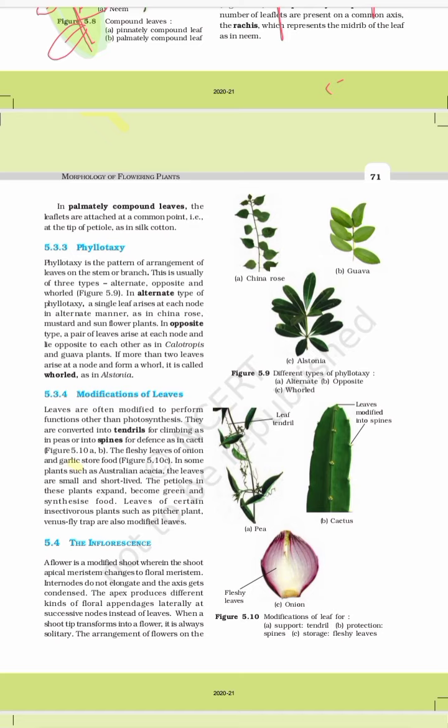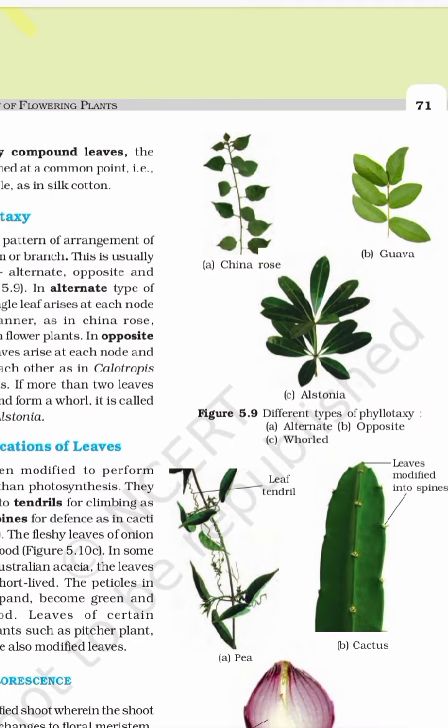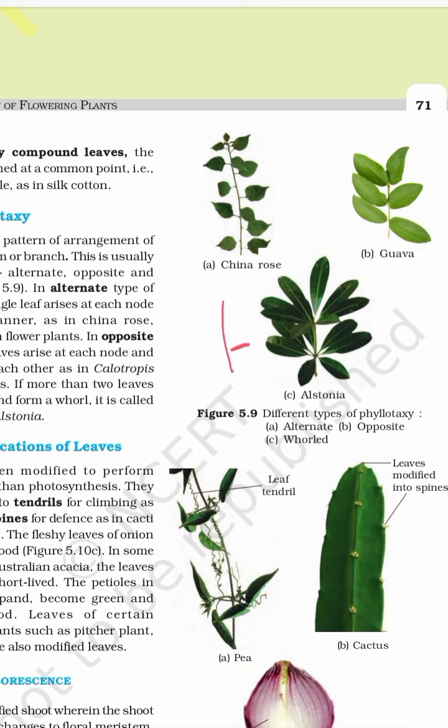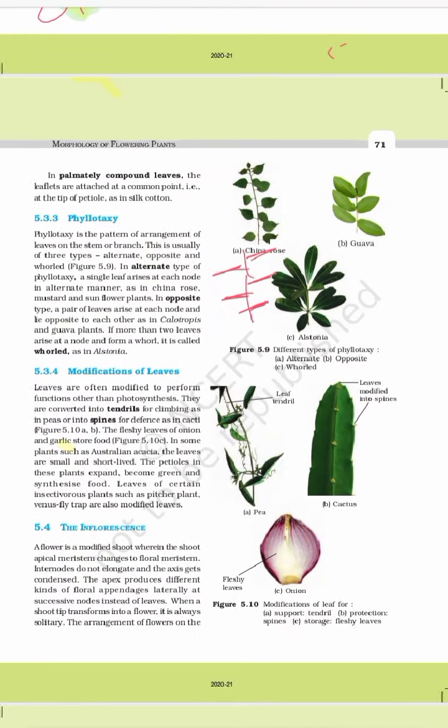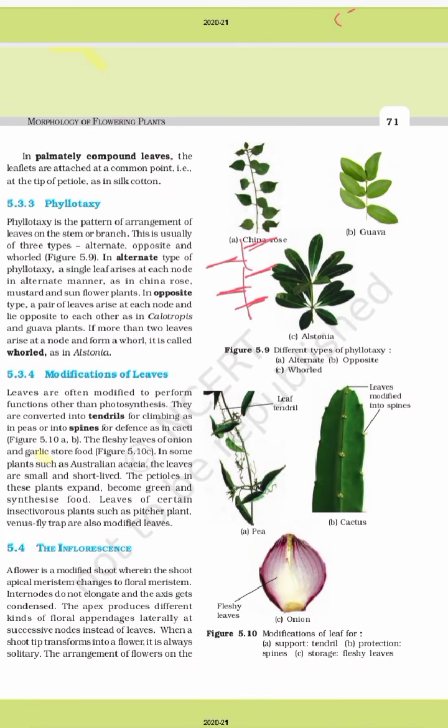This is of three types: alternate, opposite or whorled. Now let us see with the figure. Alternate means, very simply, if this is one point, then the next leaf grows over here, the third over here, the fourth over here, the fifth over here. It grows alternately, right?